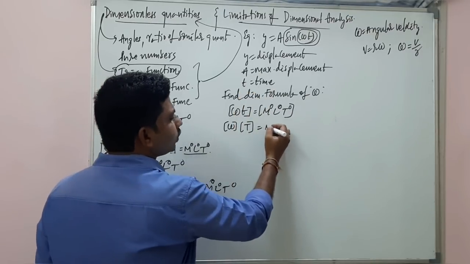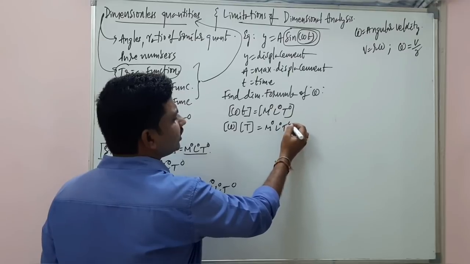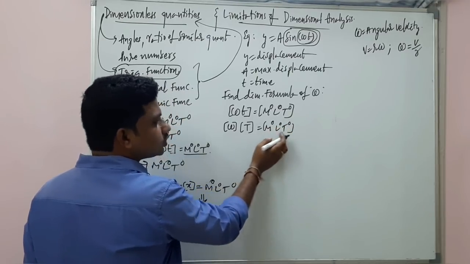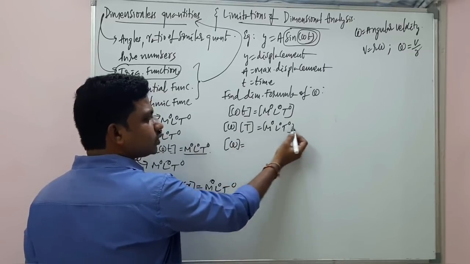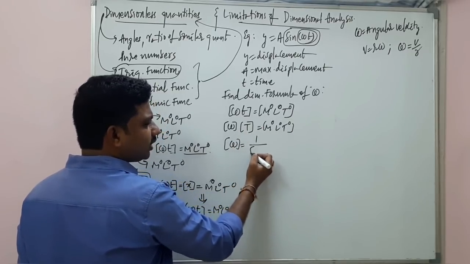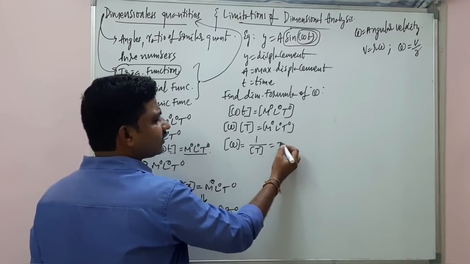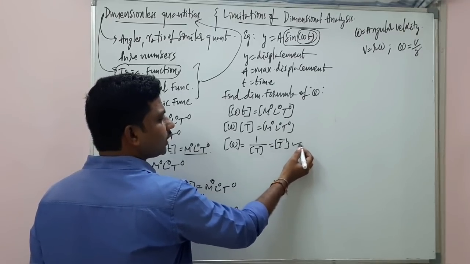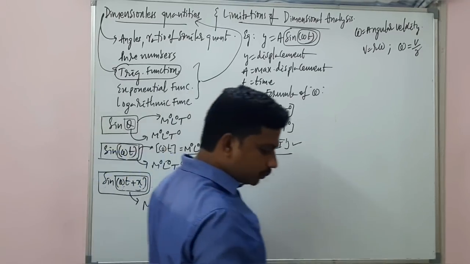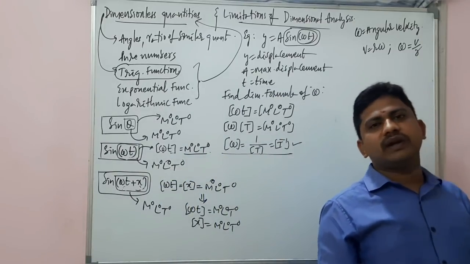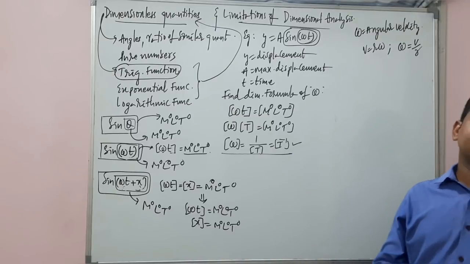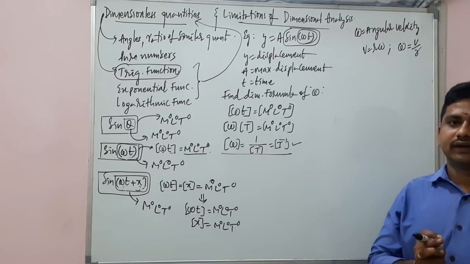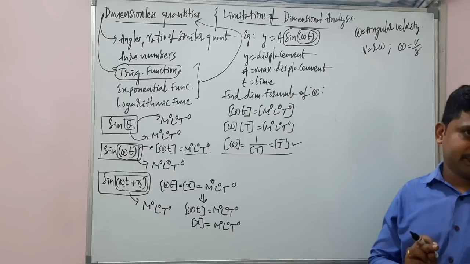Which is equal to M0 L0 T0. So when this t goes to the denominator, omega's dimensions will be 1 divided by time dimensions, which is T, and that I can write as T to the power minus 1. Alright. So the dimensions of omega is what here? Clear, my dear students?